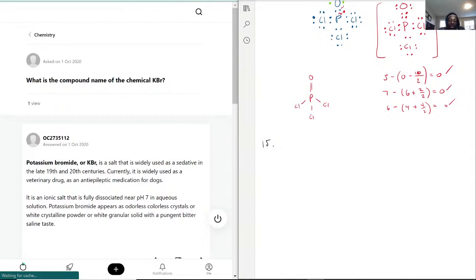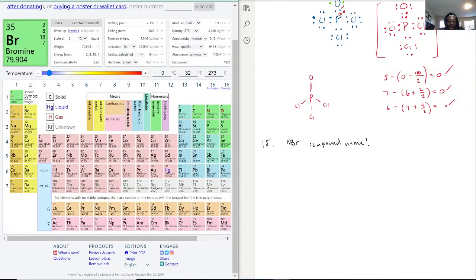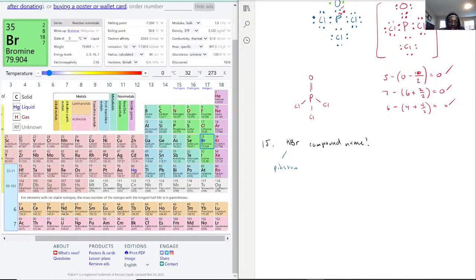What is a compound name for the chemical KBr? Okay, so the first thing we have to do is figure out what it's made of. So K on the periodic table is potassium, and Br is bromine.